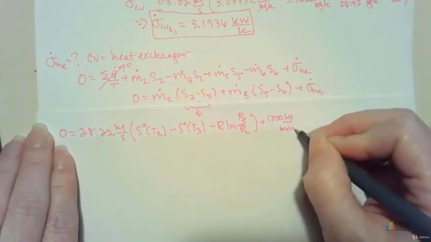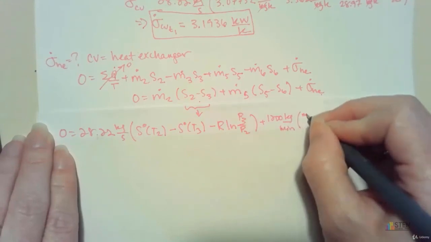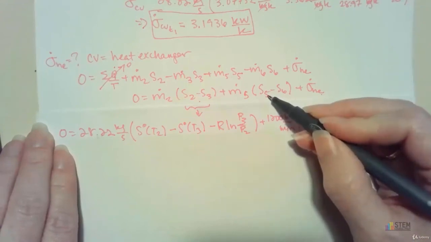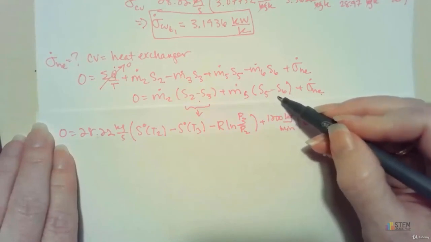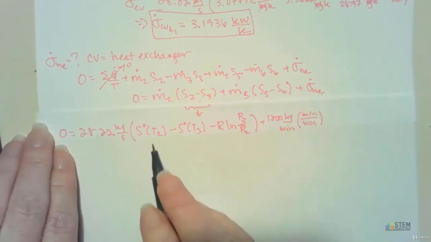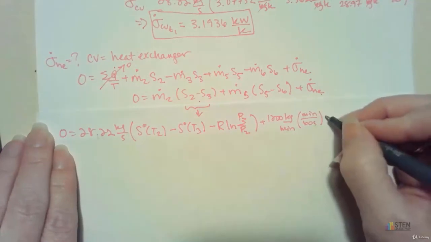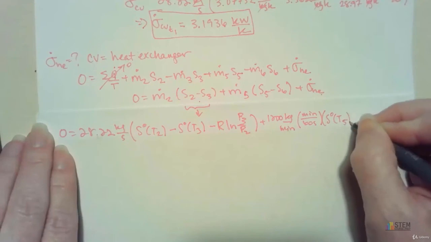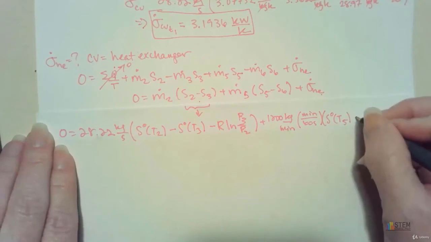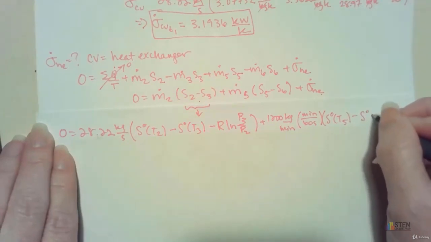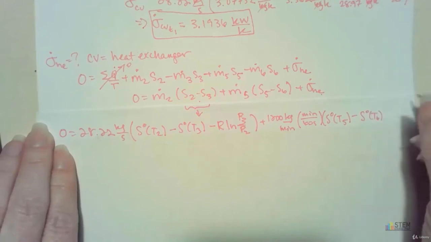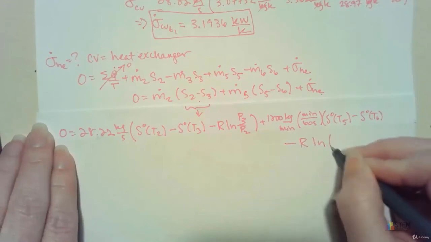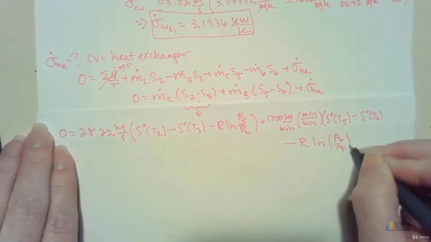We don't want to leave that in minutes though. Let's convert it, so divide by 60. And now again, we've got this s5 minus s6. Well, you can't just go to the table and find these. You have to use this same setup here. So we'll do that over here. We'll find the value when T is at T5, and then we'll find the s value for T6. And I'm out of room, so let's move down here. Then we'll subtract R times natural log of P6 over P5.